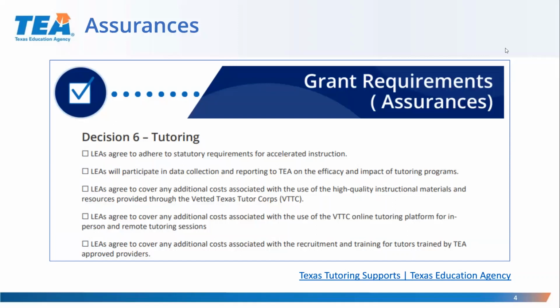And it's this grant assurance that our Fidelity of Implementation rubric was kind of birthed out of. And then the last three grant assurances are more specific to agreeing to cover any additional costs that you might incur via different contracts or paying tutors, that sort of thing.